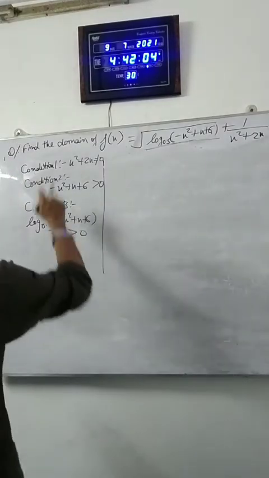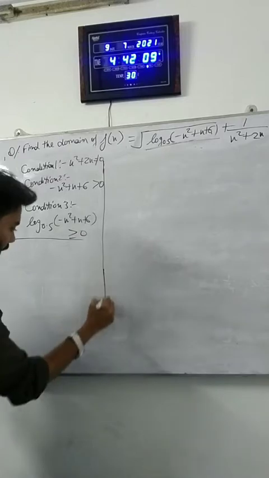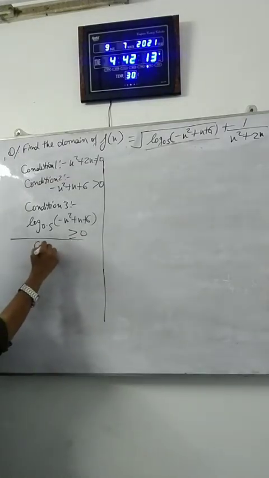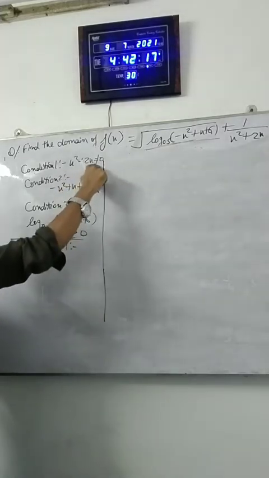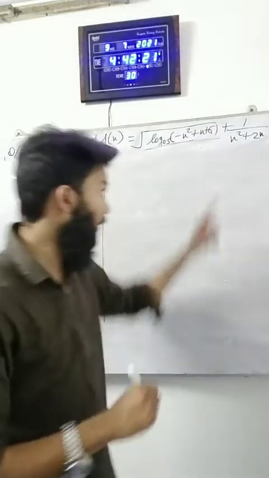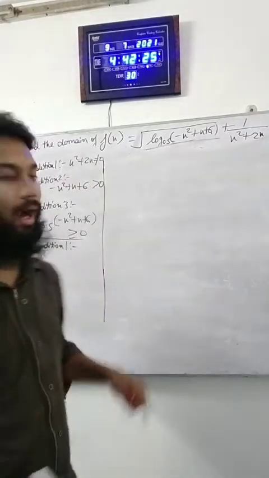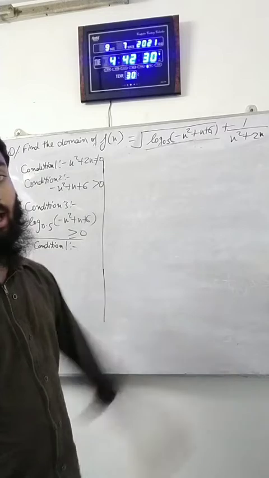Okay, so for condition 1, x square plus 2x is not equal to 0. It must not be equal to 0, because if that becomes equal to 0, then the denominator will be 0, and we know that the function will be undefined.